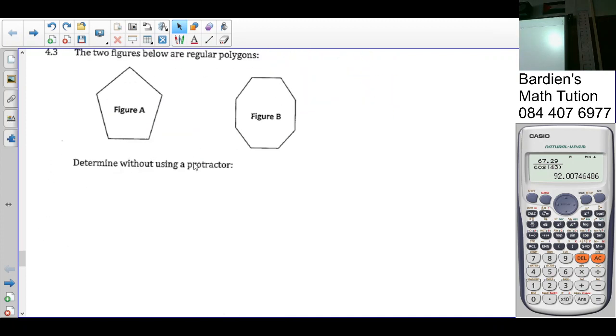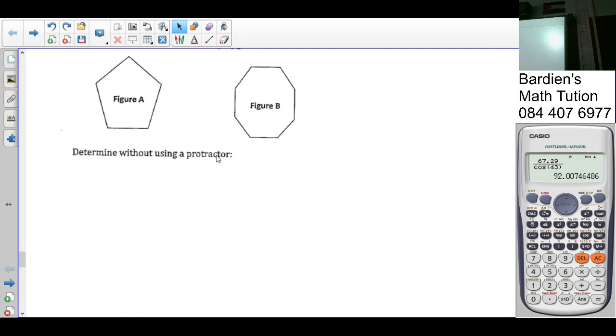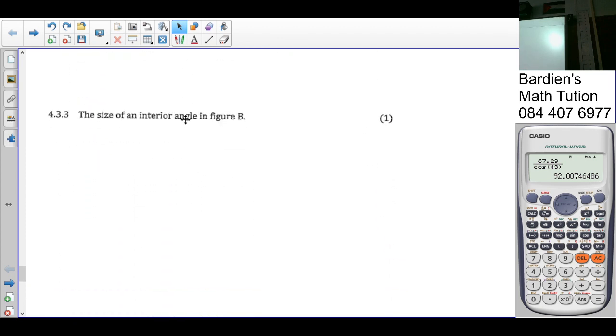4.3. The two figures below are regular polygons. So what does regular again mean? All sides, all dimensions. Determine without using a protractor.